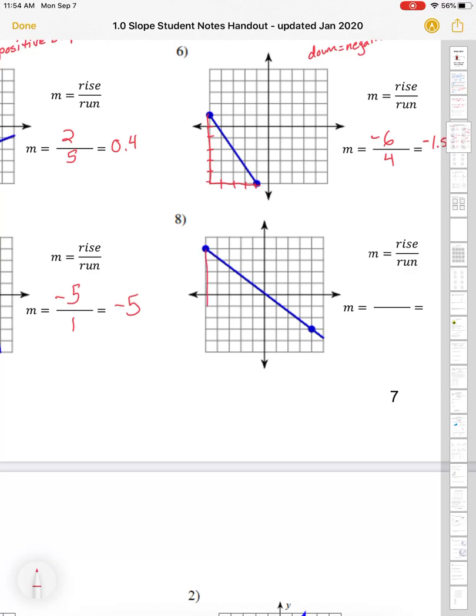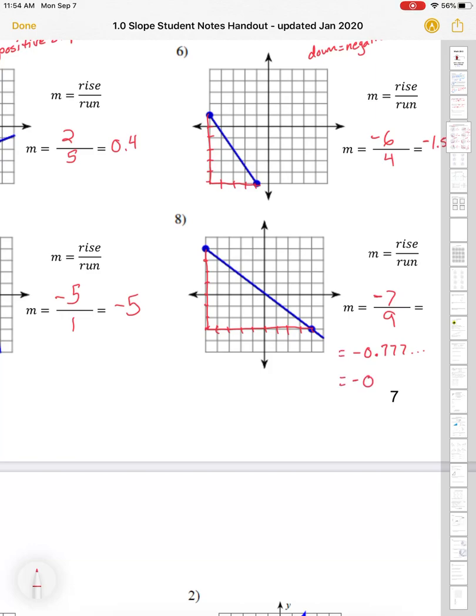Okay, you're back. We go down and over. It's going to be negative: 1, 2, 3, 4, 5, 6, 7, and over 1, 2, 3, 4, 5, 6, 7, 8, 9. So 7 divided by 9 gives me negative 0.777, repeating.